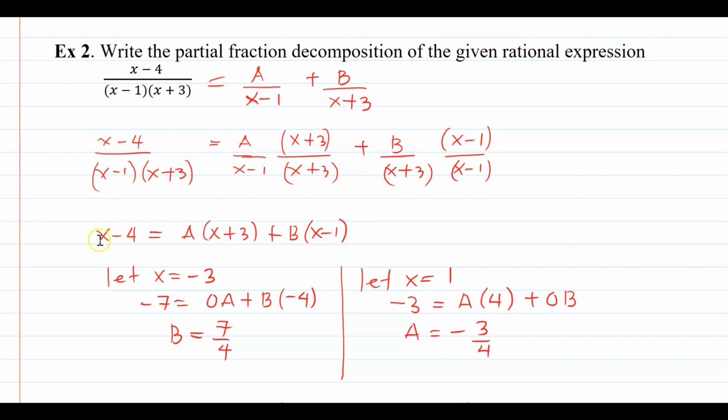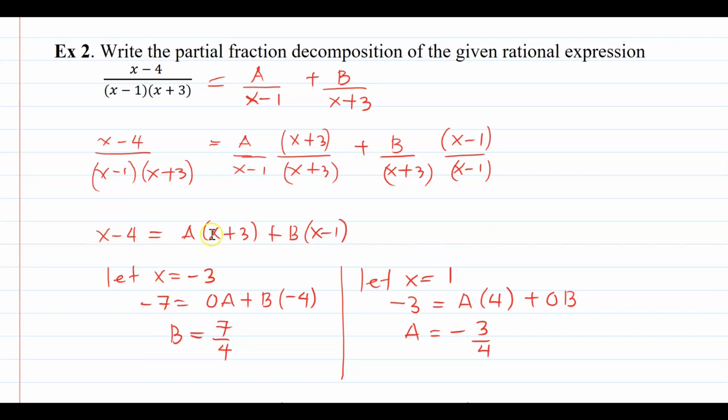On the left side, we have x minus 4. On the right side, we have A times x plus 3 plus B times x minus 1. To solve for B, we can let x be equal to negative 3, because then the A part becomes 0. When x is negative 3, the left side is negative 3 minus 4, which gives us negative 7.